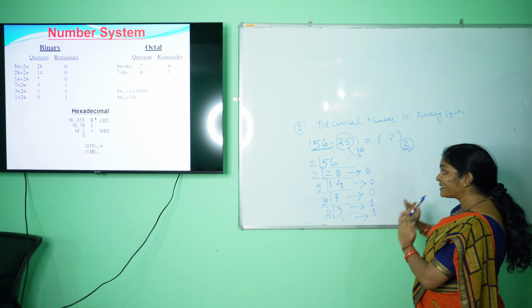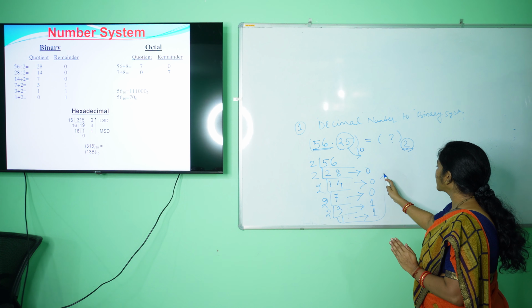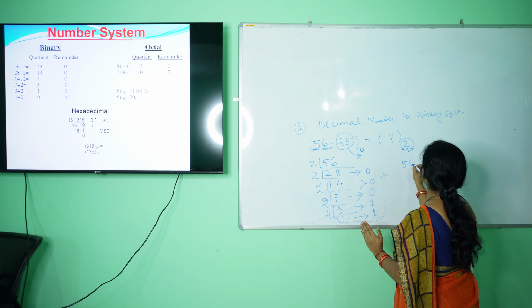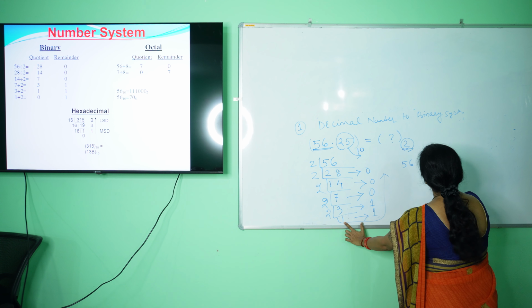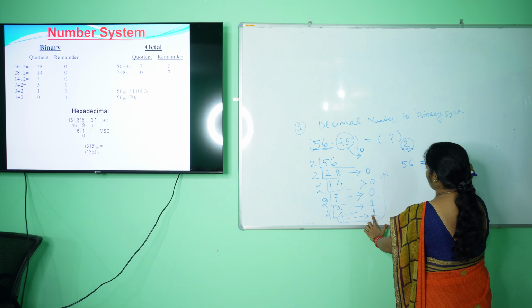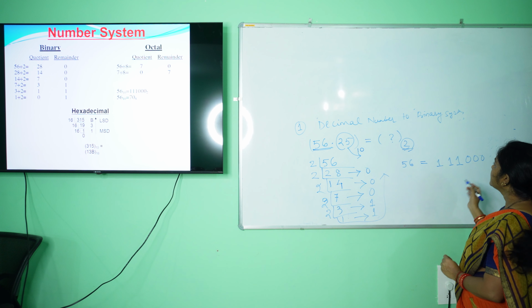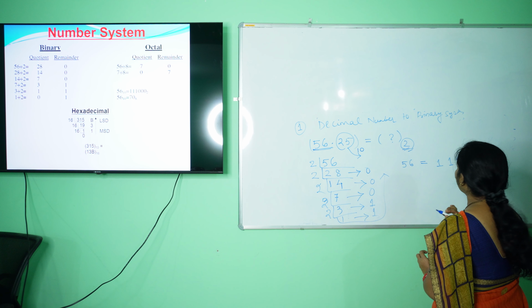While writing the binary result, it will be from bottom to top. That means my 56 has been converted to binary 111000. Is it okay now? Then comes 0.25. What will you do with 0.25?